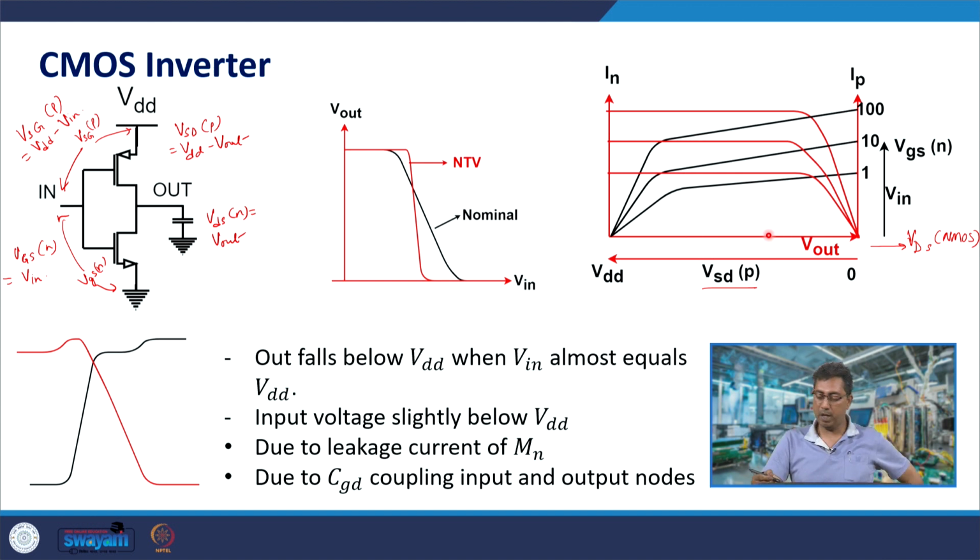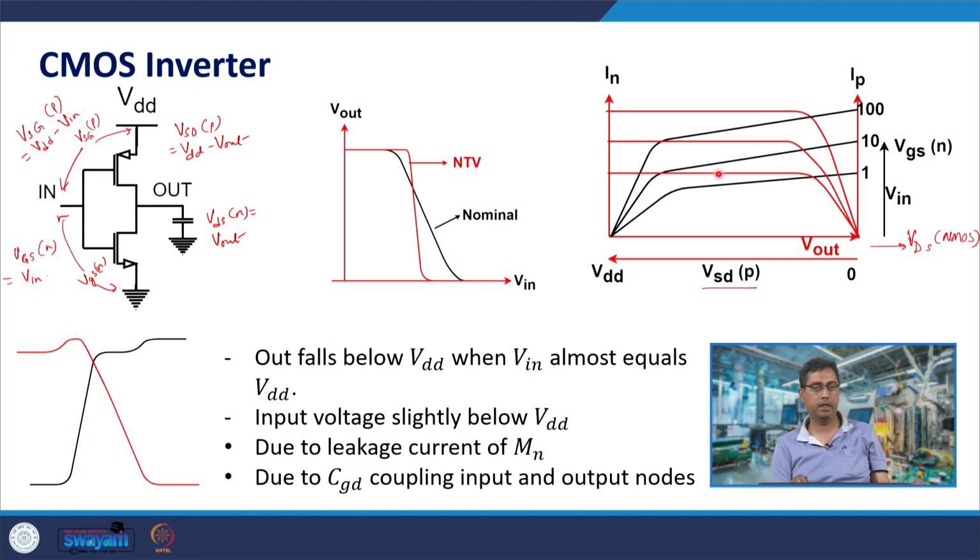But what would happen in the super threshold regime? This change in current is not so large. It is a linear scale, not a log scale, and it is not exponential with VGS. Since the change in current is not so large for a small change in VGS, you would not have this when both the currents are saturated. See here, the N MOSFET and P MOSFET characteristics are both in saturation.